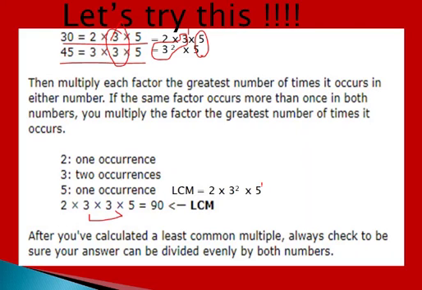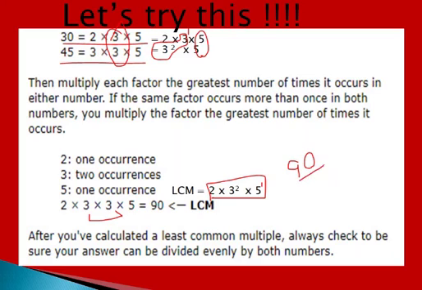So you can see that here the LCM is the product of common and uncommon factors. If I write the LCM in the index notation, it would be 2 times 3 square multiplied by 5. Multiply these factors, and you'll get your least common multiple, that is 90. You can check your answer, since we know that the LCM is the smallest number that is divisible by the given numbers.